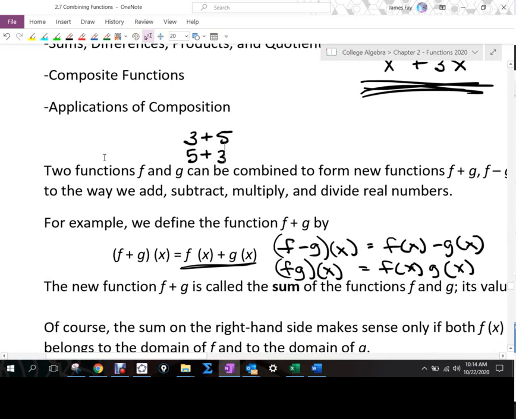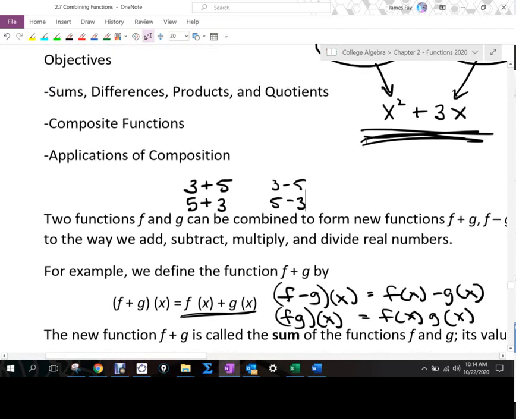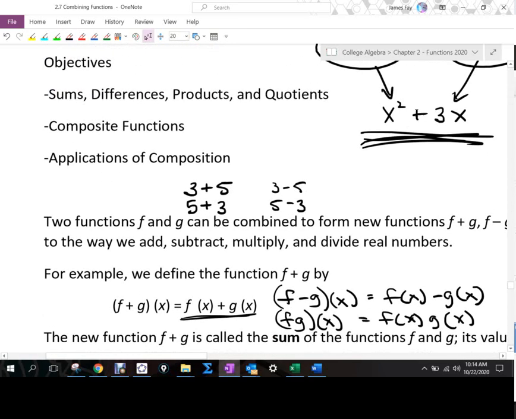Now, is 3 minus 5 the same thing as 5 minus 3? That is not true, right? So the commutative property does not exist for subtraction. So x squared minus 3x would be different than 3x minus x squared.